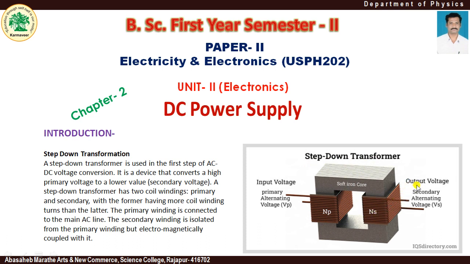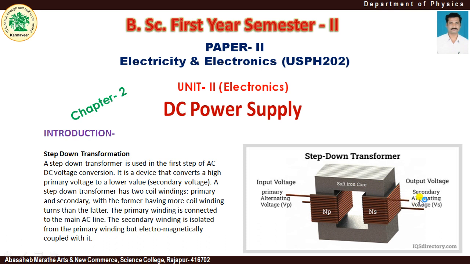Through the secondary we will take the output voltage. It will also be of alternating type, the AC voltage, but because this is a step down transformer, the input voltage is 240 volt, so that in the output terminals the voltage will be very low, say 12 volt, 9 volt, etc., depending upon the construction of this transformer.